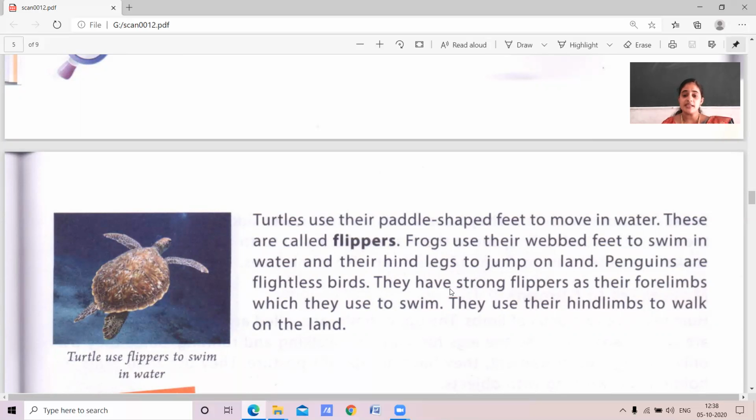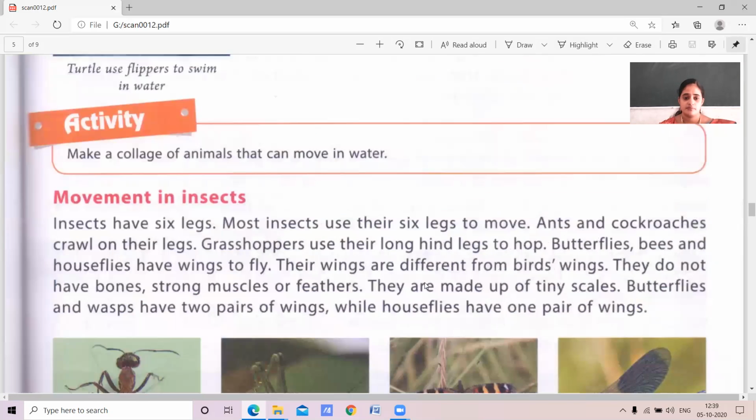They use their hind limbs to walk. Have you seen the penguins? In penguins, they will use the hind limbs for walking. They will walk also, they will swim also. So for swimming, they use the forelimbs, whereas the hind limbs are for walking on the land.